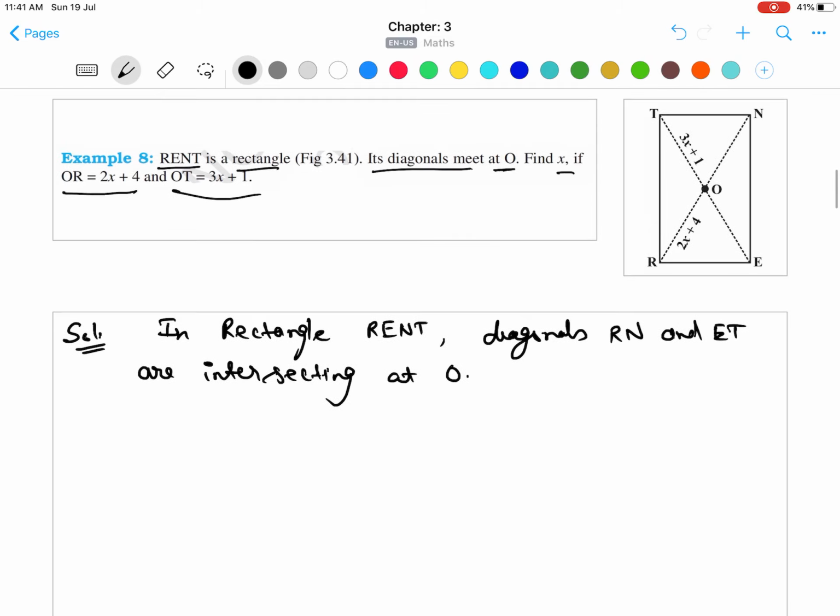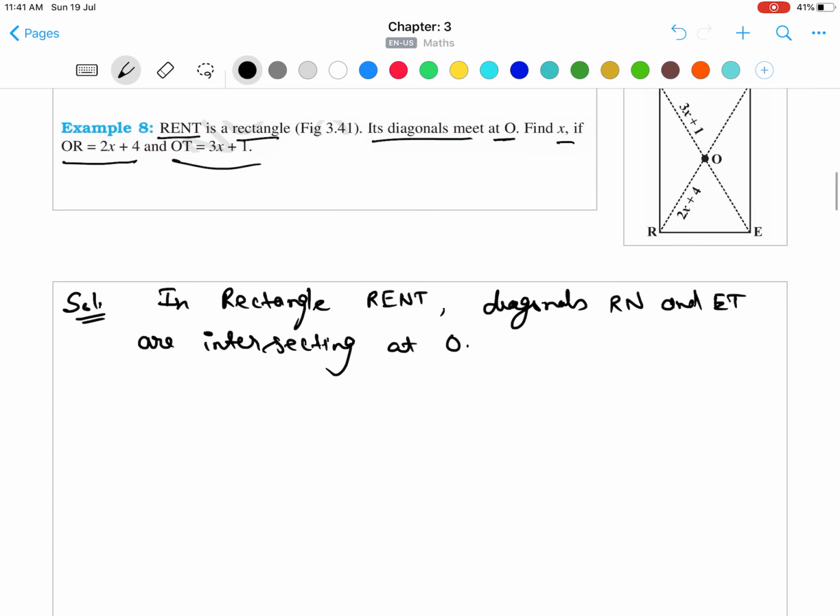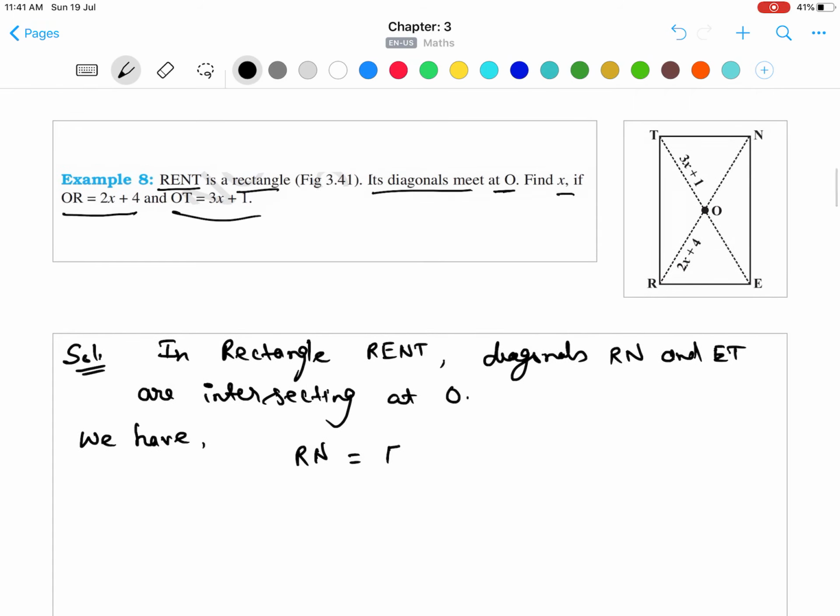From the properties of diagonals, we know that the diagonals of a rectangle are of equal length. So we have that RN will be equals to ET. Why are they equal?